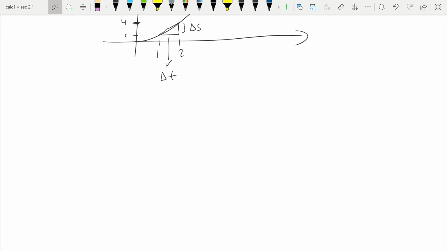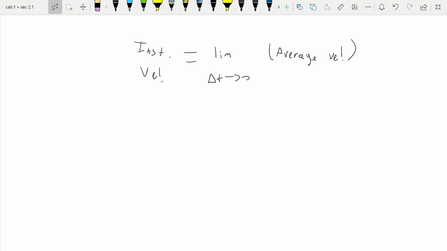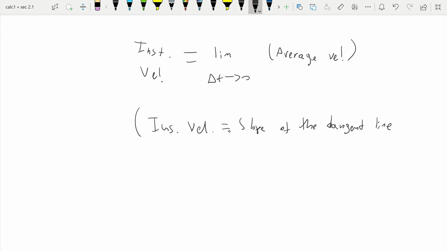And if we wanted to get the instantaneous velocity, this is not part of the question, but for the instantaneous velocity, we need to compute the limit as delta t approaches 0 of the average velocity. Remember that geometrically the instantaneous velocity corresponds to the slope of the tangent line.